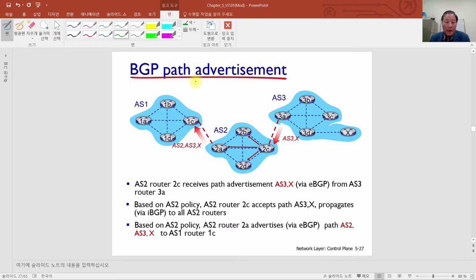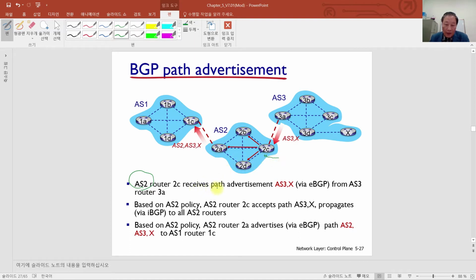This one is explaining in a little more detail BGP path advertisement. Here, this is autonomous system 2, as we observed already in the previous slide. Router 2C is the gateway router.